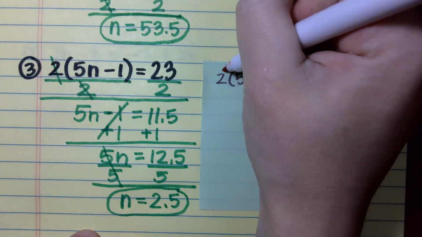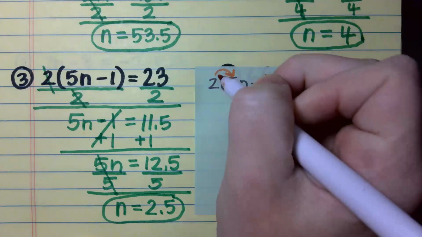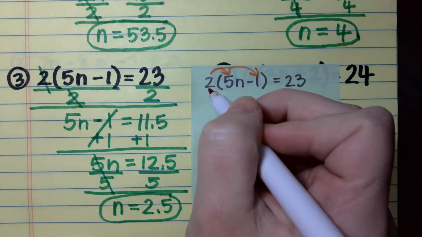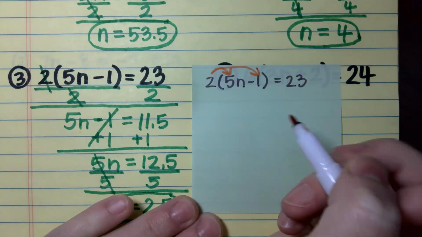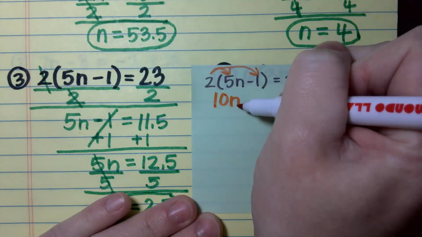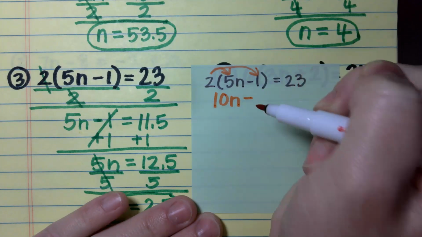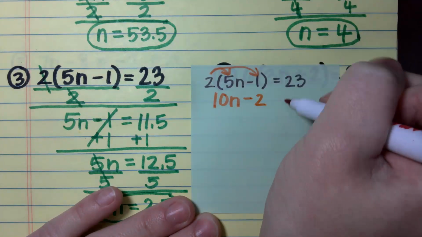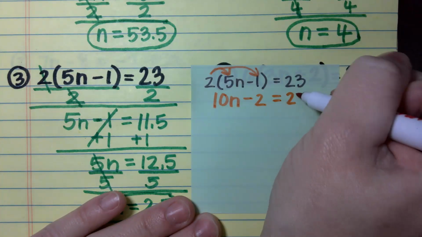We'll take 2 times 5n and 2 times 1. So what is 2 times 5n? 10. Good, 10n. We'll bring down that minus. And what's 2 times 1? 2. We'll bring down our equals 23.